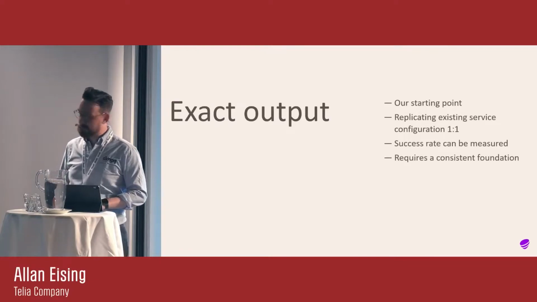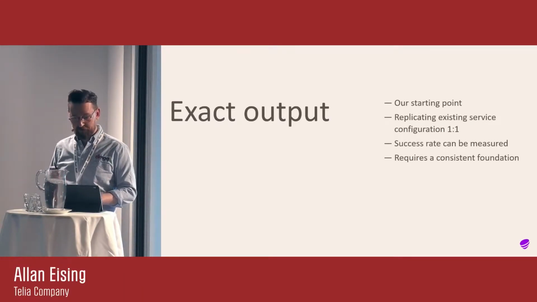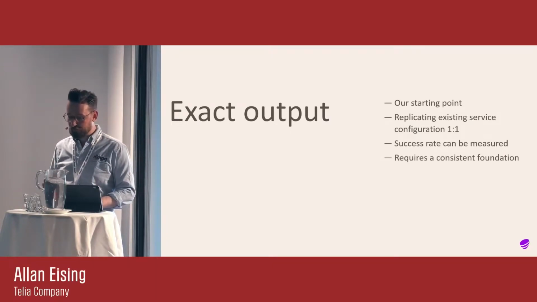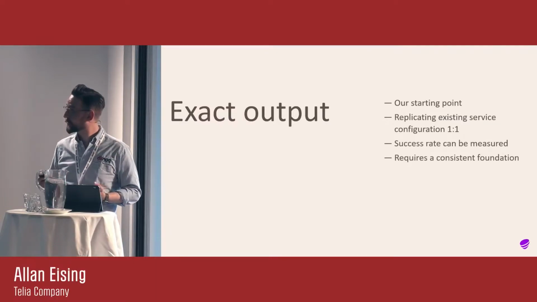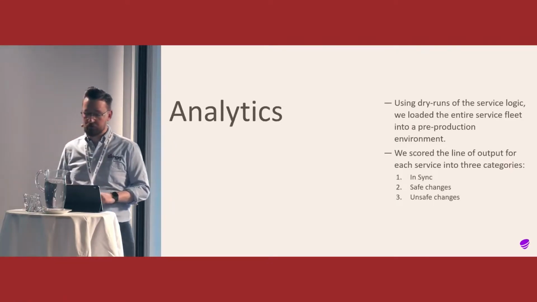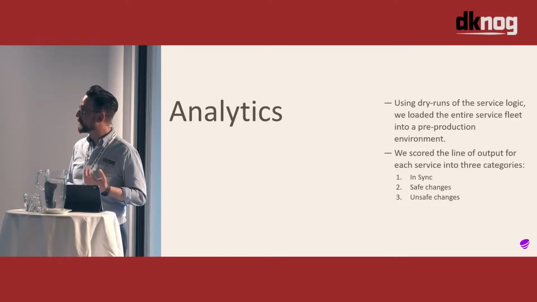Because when you go for the exact output, and we did that, you can measure your success rate. You can start producing your services, and you can figure out how well your automation works. And we did this by loading all our services into a clean environment, then just using the dry run functionality in NSO.